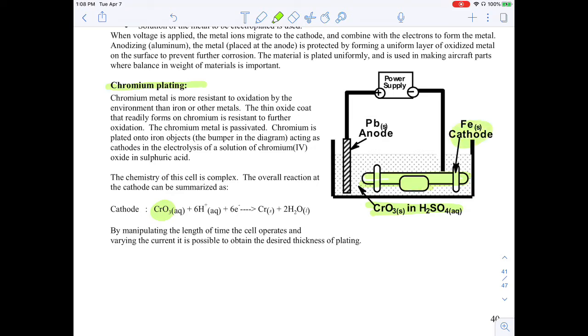And so they've got iron at the cathode, but what happens is the chrome becomes chrome solid, and it coats the whole thing. This is how they can chrome plate, usually car parts or something like that. It gives it a very shiny, resistant exterior that is attractive, but it's also very practical because it's coating the iron and prevents corrosion.